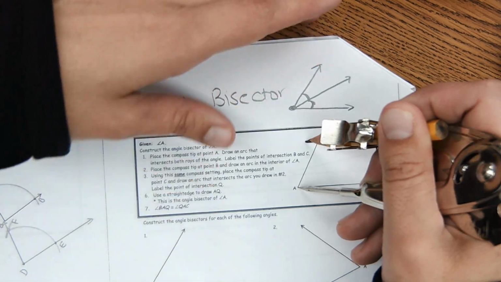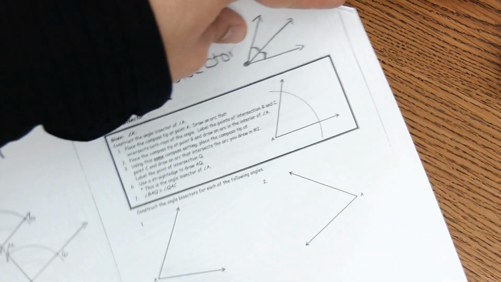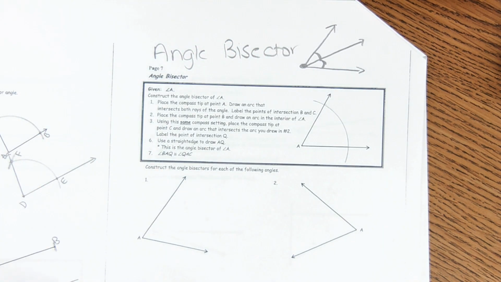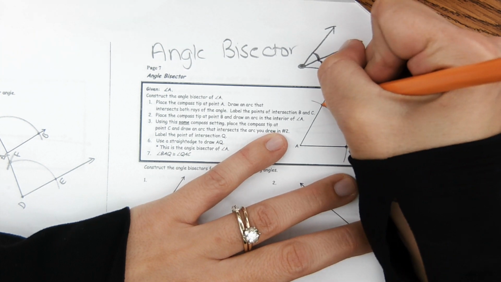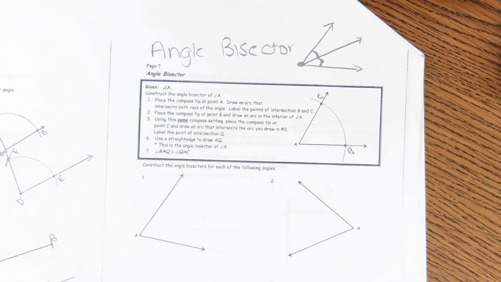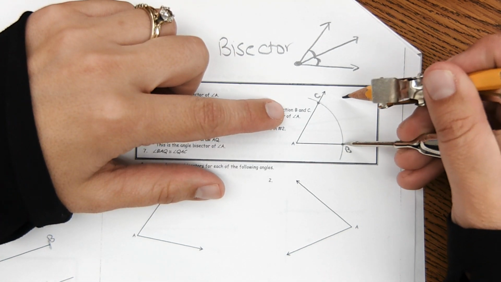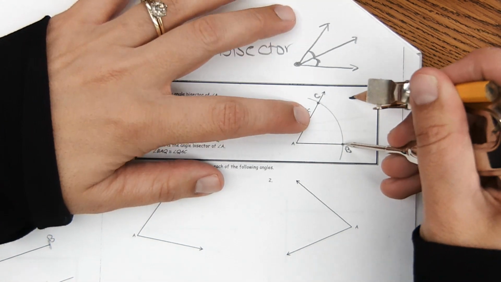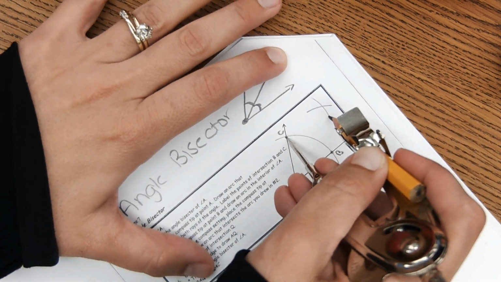and I'm going to make an arc like this. And this will be point B, and this will be C. Then once you have that arc, I'm going to go to point B and go above and make a mark, and then point C and make a mark like this.